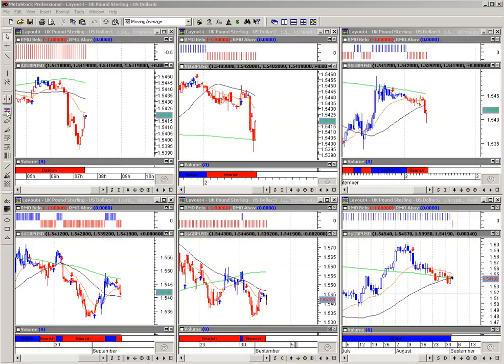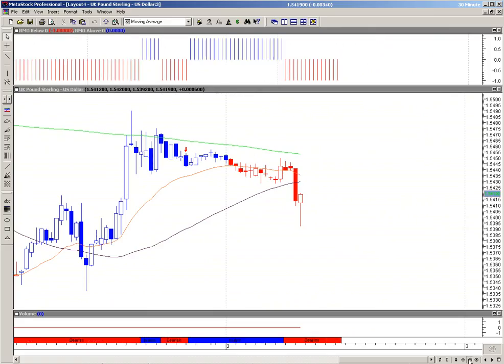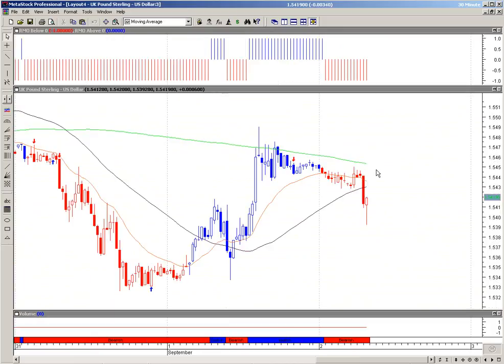But at the moment, on an intraday time frame, you'll notice that, especially on the 30 minute, cable or sterling has been unable to break above the 200 period moving average, and it's confirmed that Asian market trading hasn't seen it raise any higher, and subsequently we've seen it starting to push back to the downside.